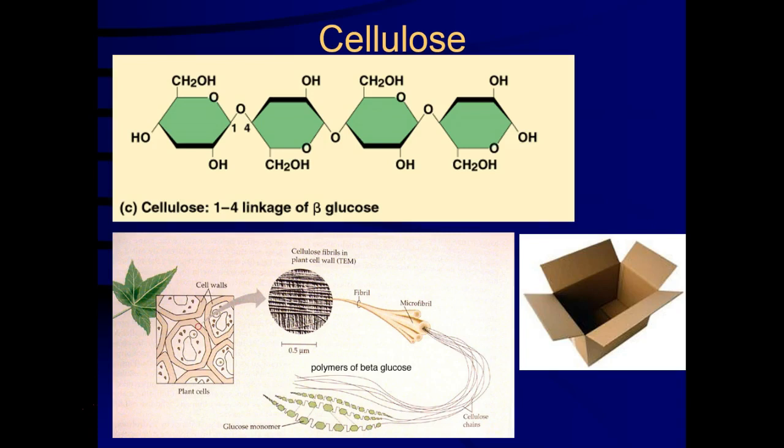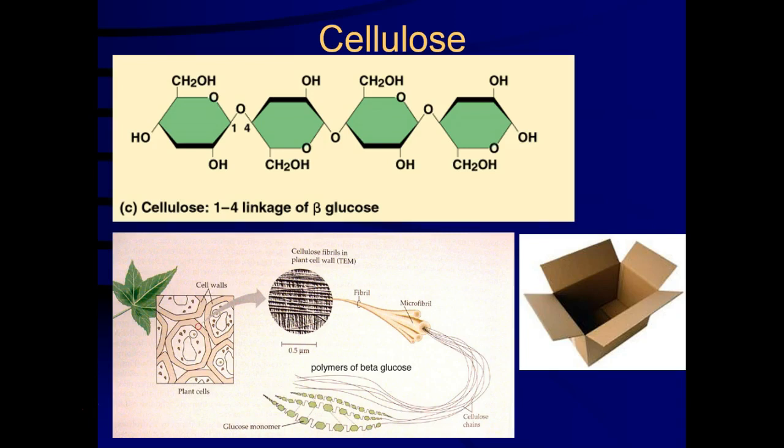If you look at those individual little fibrils, you'll notice that they're made from tiny microfibrils, and those tiny microfibrils are built from just long, long strands of cellulose. Cellulose is just this long chain of beta-glucose.